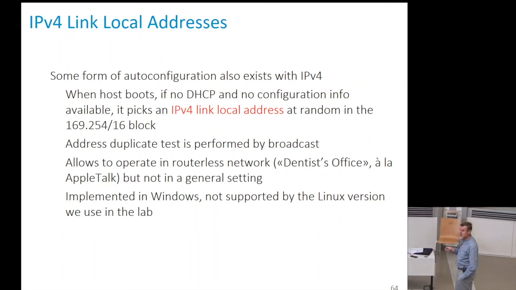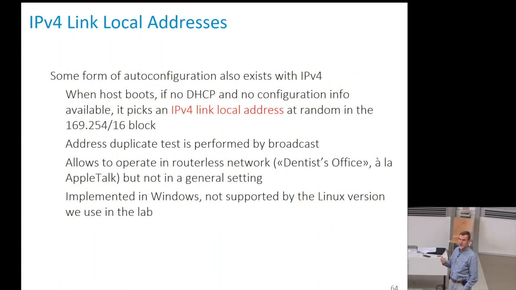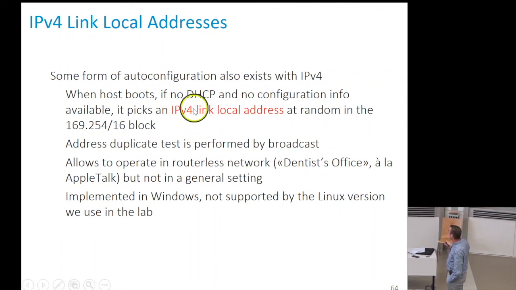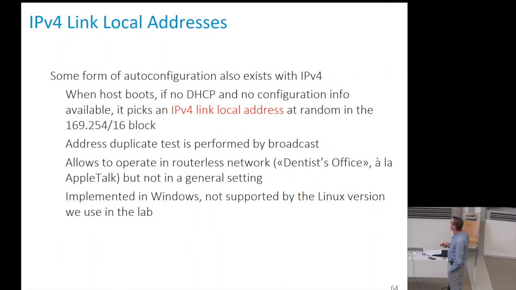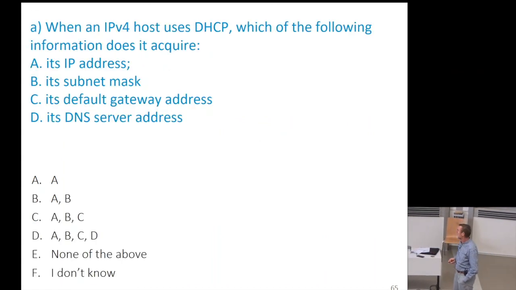It's a bit less secure than SLAAC, because the fact that nobody replies does not mean that nobody has it. Perhaps one system has it and it is sleeping, and that's one of the problems with this allocation. But it is used in Windows by default. If every address allocation fails, it will use this method.